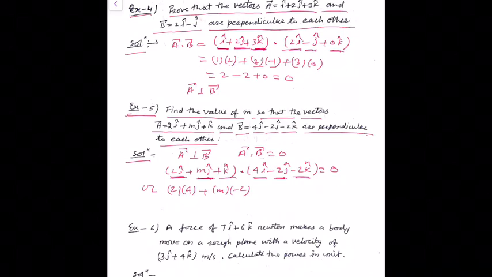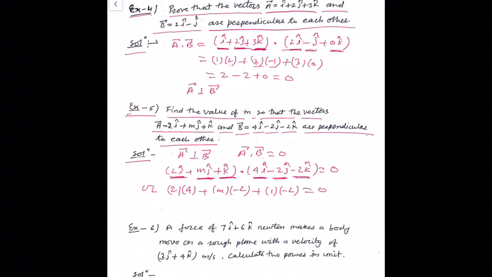And next, k cap dot 4i cap, 0, and k cap dot minus 2j cap, 0, and k cap dot minus 2k cap, 1 into minus 2, because k cap dot k cap is 1.